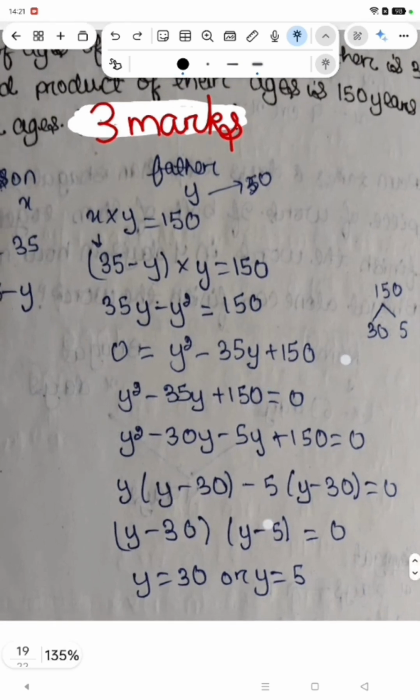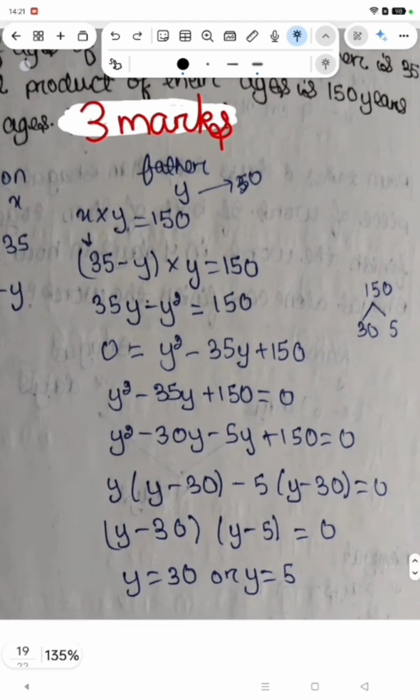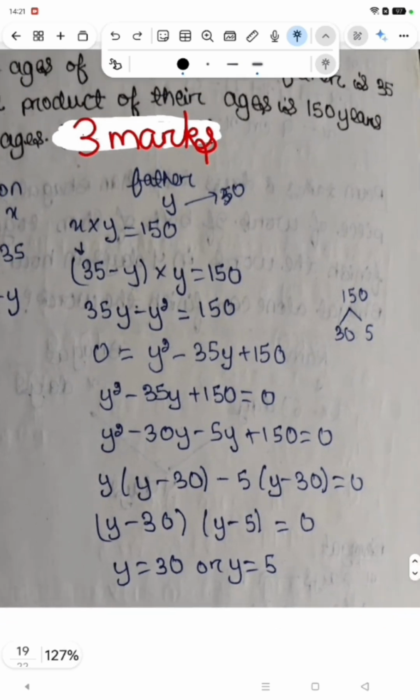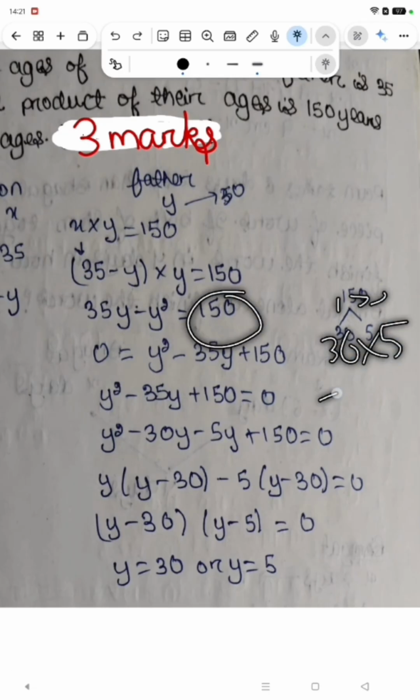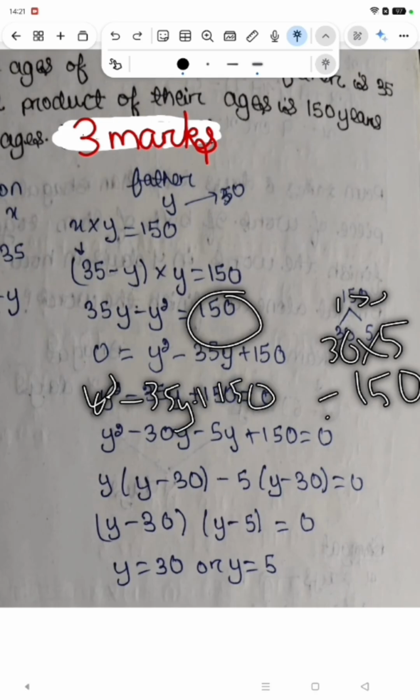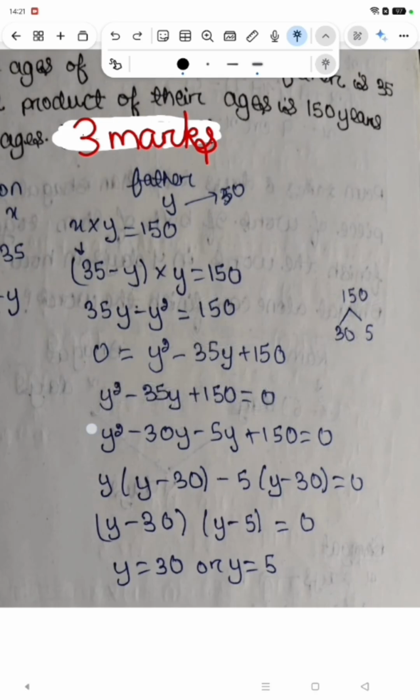Then we have to do middle term splitting. 150 can be written as 30 into 5. So y square minus 30y minus 5y plus 150 equals 0.